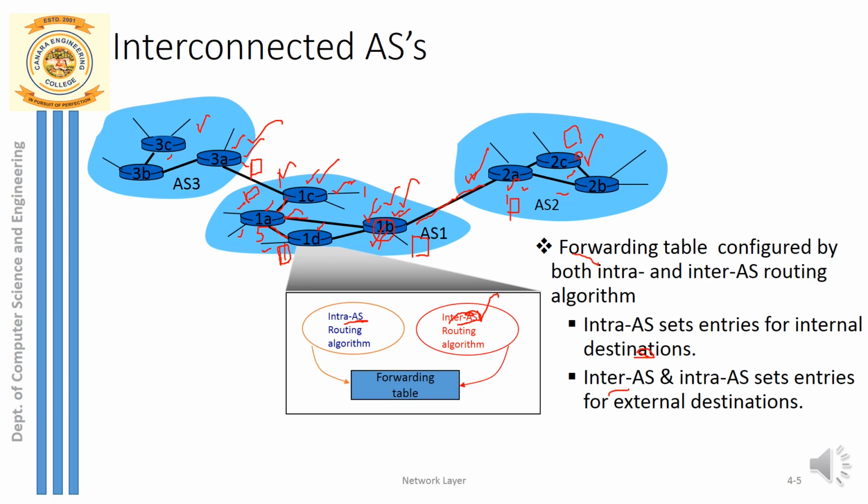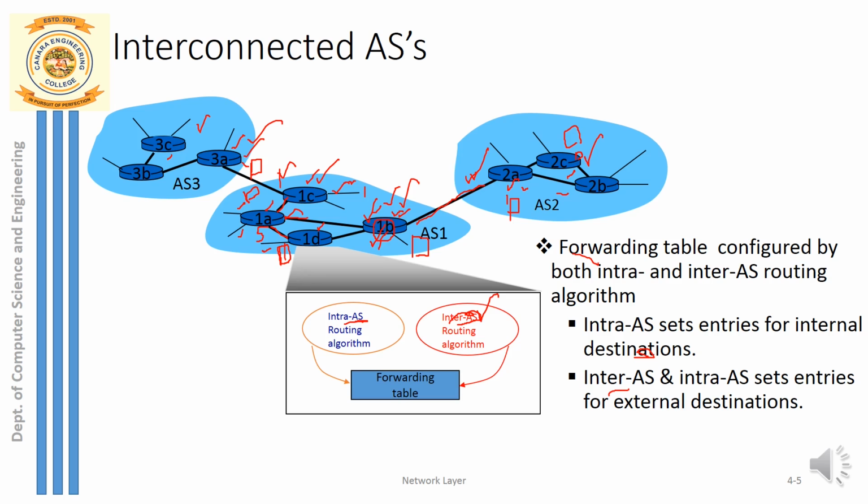In other words, suppose 1B is an edge router in this AS1, right? So 1B should know what all the reachable routers inside this autonomous system are. So what is that information? 1B should know that 1D, 1A and 1C are the reachable routers inside this autonomous system. So that information is shared.